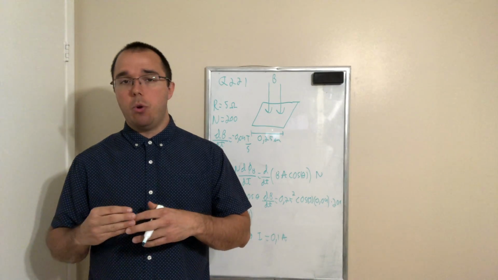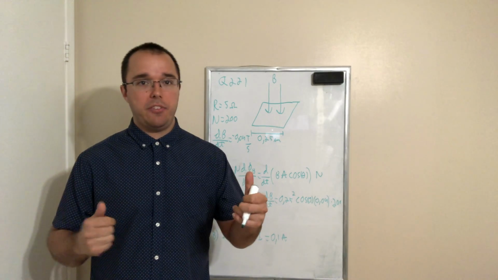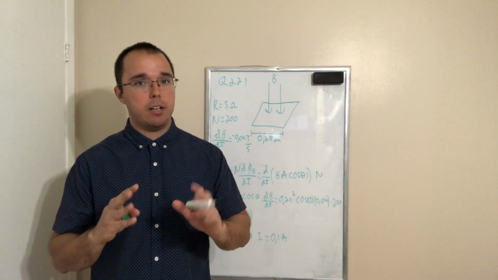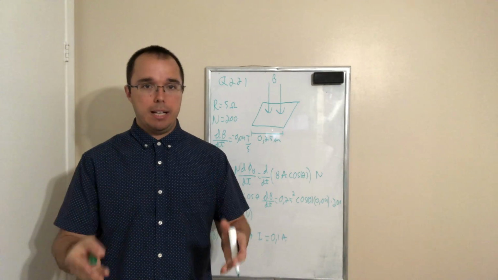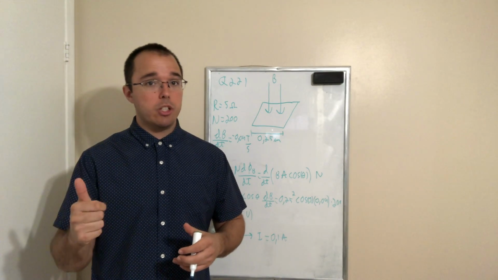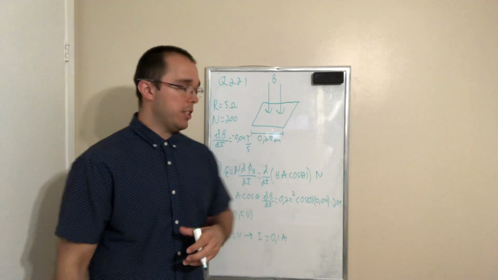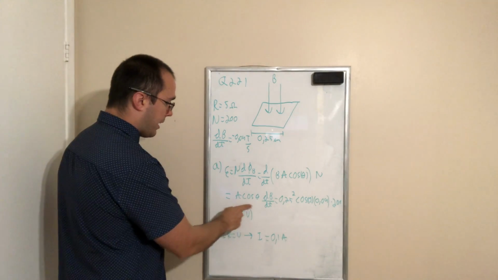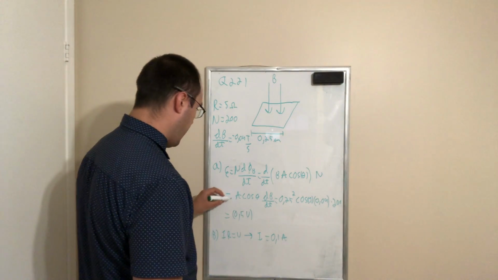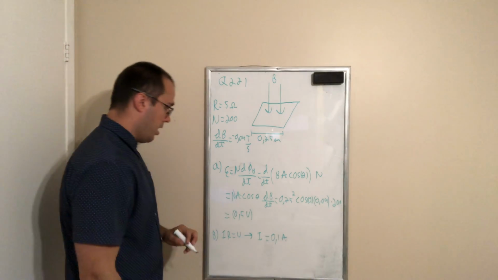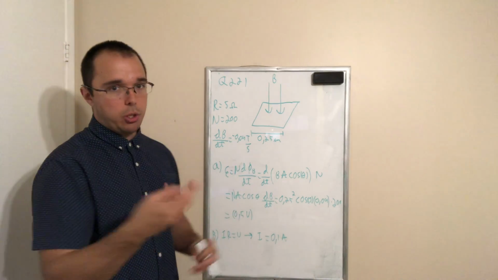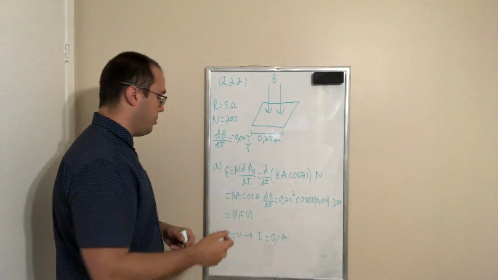There won't be area and magnetic field changing at the same time. Only one at a time. In this case, the magnetic field is changing, the area is constant, the angle between the two is constant. So we can extract these two, and again, there's an N missing over here. There we go. The number of turns also is constant. That one is fairly obvious.